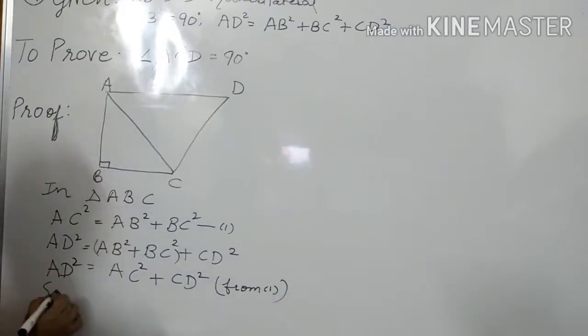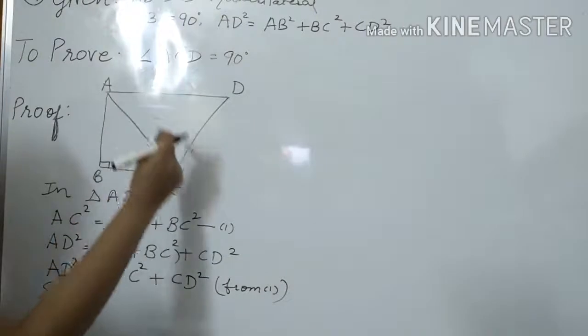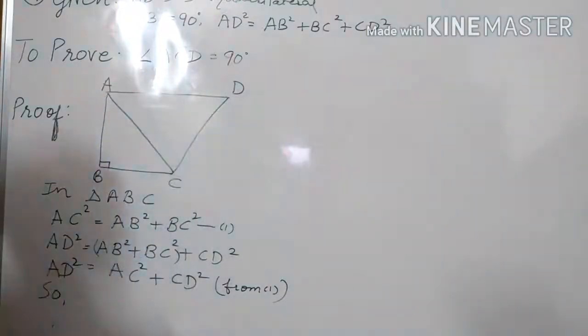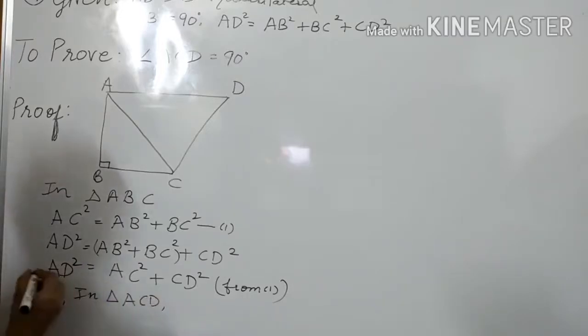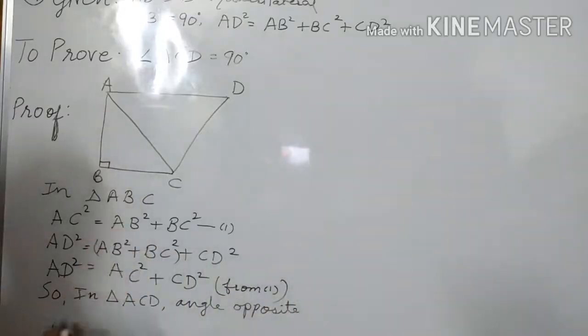So in triangle ACD, you check now this triangle ACD, AD square is equal to AC square plus CD square, which I got here. So in triangle ACD, the angle opposite to AD is 90 degrees.